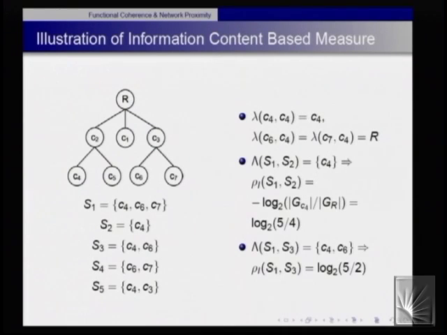So when you take the union of them, actually the union of C4 and root is C4, because root is more general than C4. And then C4 is associated with 4 proteins. So the specificity of C4 is this. Okay, this gives you the similarity between S1 and S2.